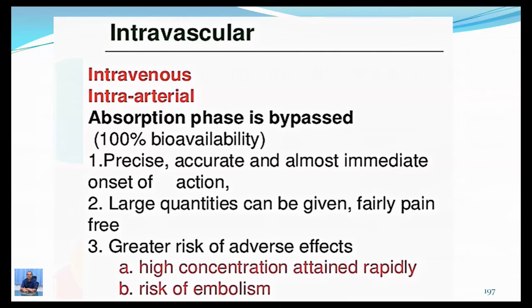This embolism is more common in the case of irritant drugs. Most of the irritant drugs are administered by this route because the needle is pierced inside the vein and then the intravenous administration is done.